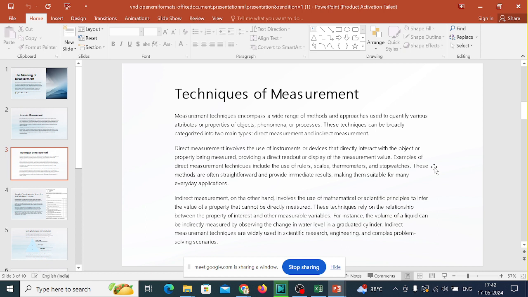That can fluctuate with the temperature and the environment, so the measurement actually fluctuates. So indirect measurement is a little bit of a longer process.